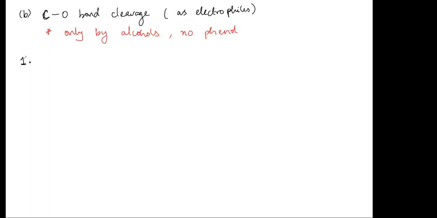A lot of reactions, I think there's a total of 4 reactions, out of which 2 of them you've already studied. So the first is reaction with hydrogen halides. If you take an alcohol and make it react with a hydrogen halide, what product do you get?